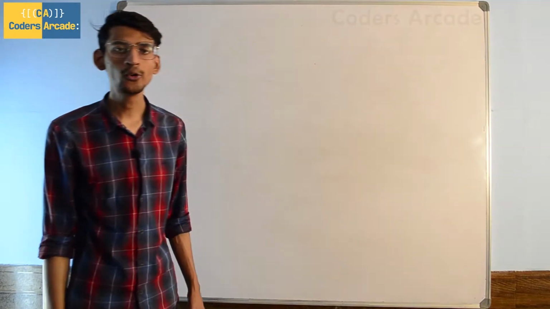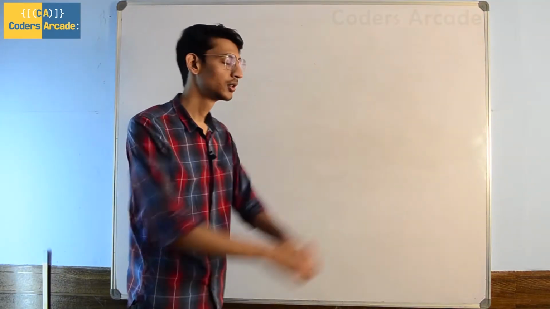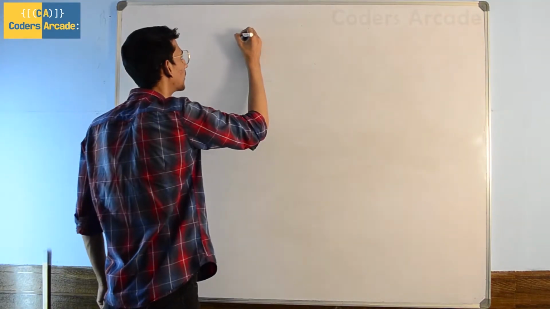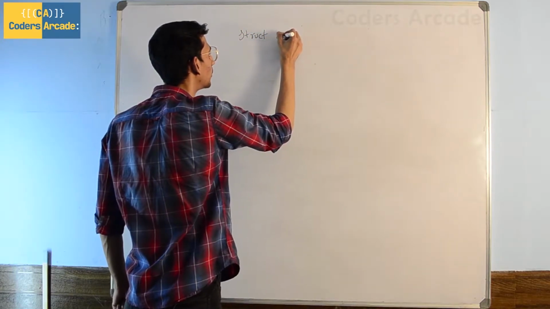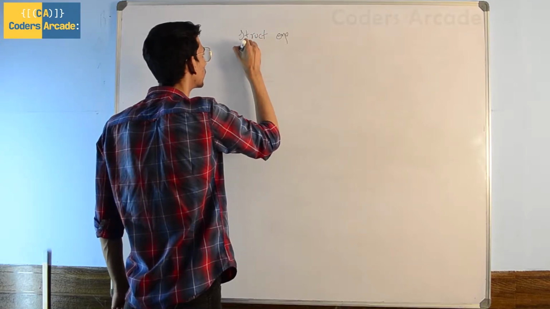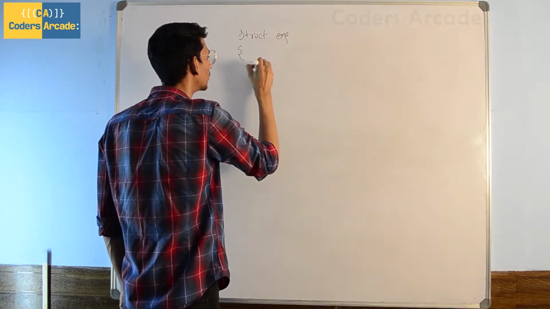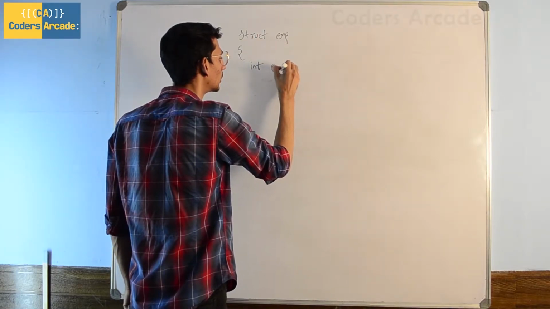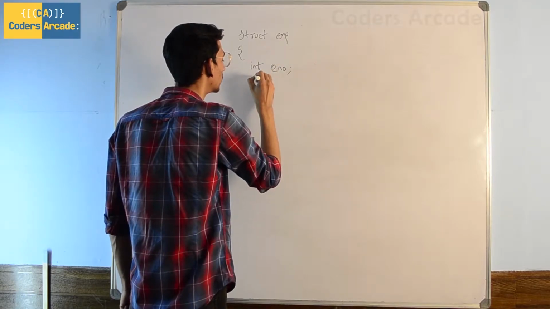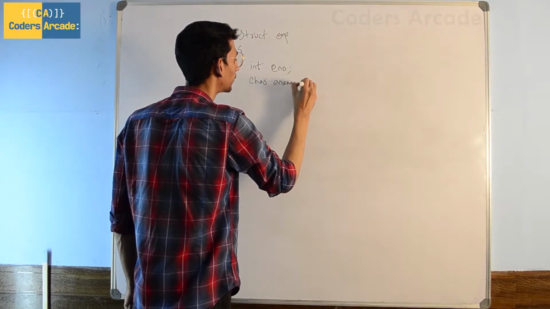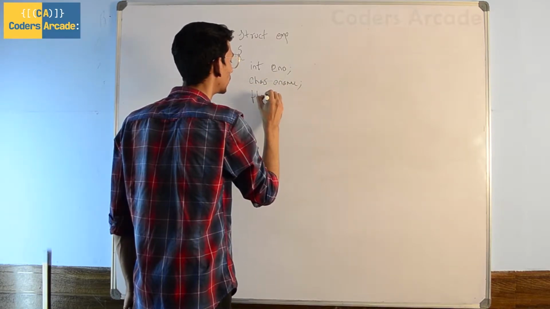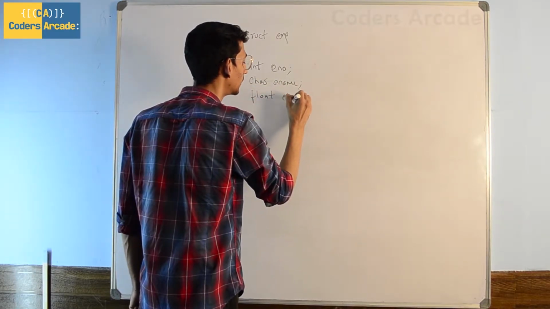Now let's see how we print the size of our structure. First we'll start by defining our structure. Struct employee, int E number, char E name, and float E salary.